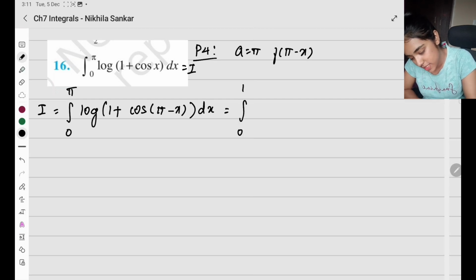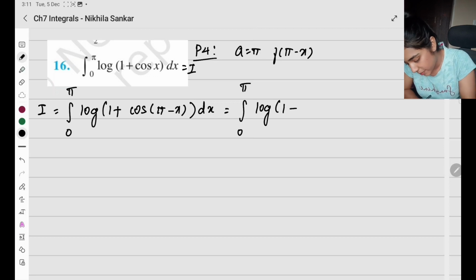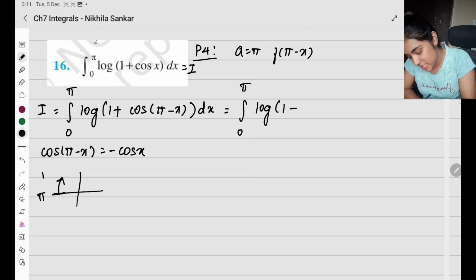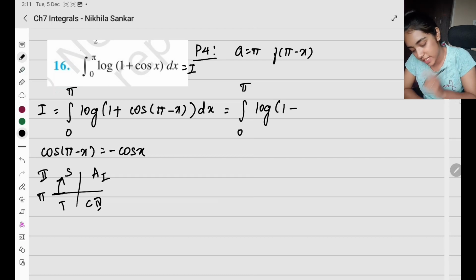So cos of pi minus x equals minus cos x. Correct? Pi minus x means we are talking about the second quadrant. All silver teacups. Cos is positive only in the fourth and the first quadrant. In the second quadrant it is negative. So I have minus cos x times dx.